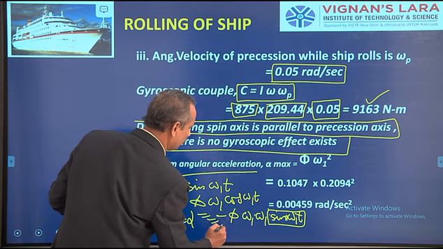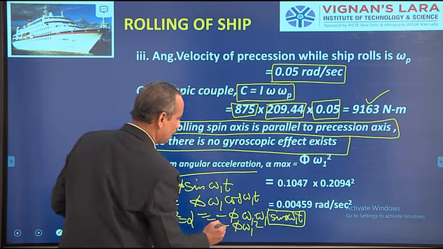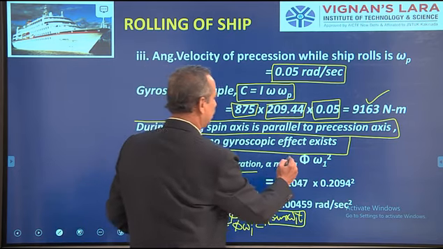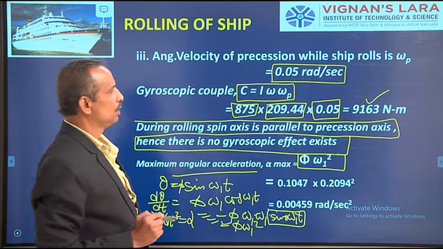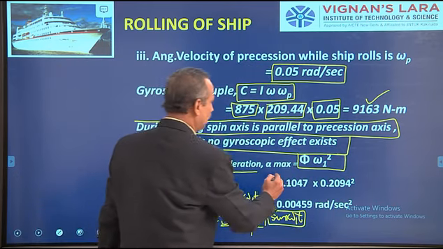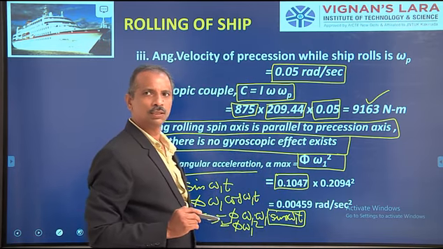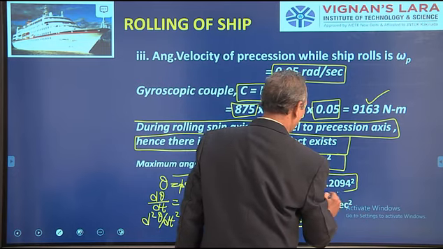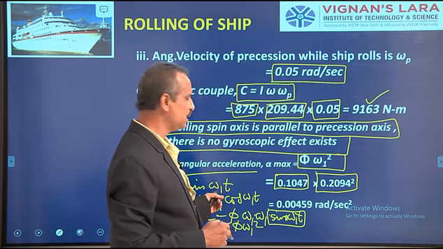And the maximum value, when the sine becomes 1, is phi omega 1 square. We know the value of phi, which is converted into radians, and we have the omega 1 value during pitching, already calculated in the previous case.